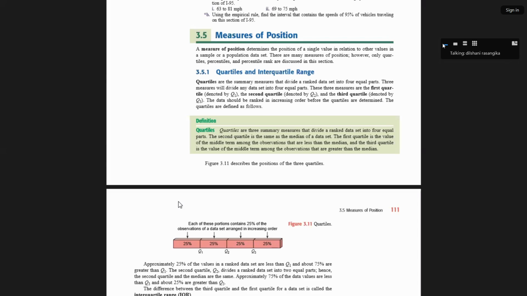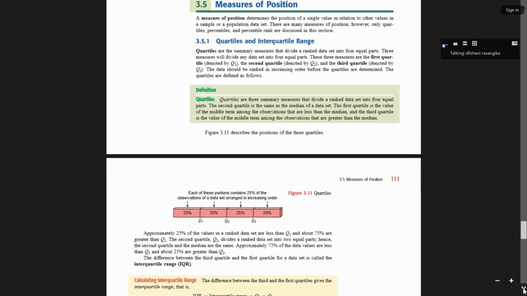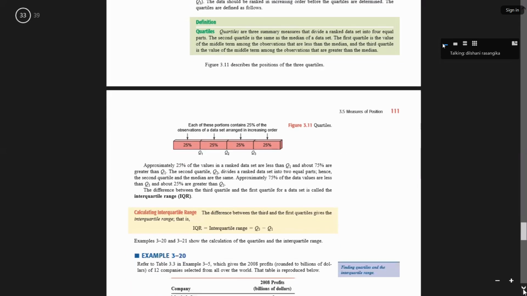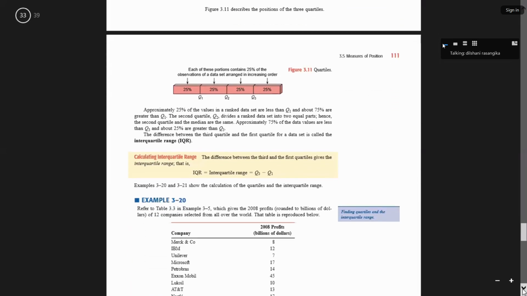Okay, let's discuss an example, right? So assume that you have a data set with 20 data. Then you can find Q1 by dividing the whole number of data by 4, right?